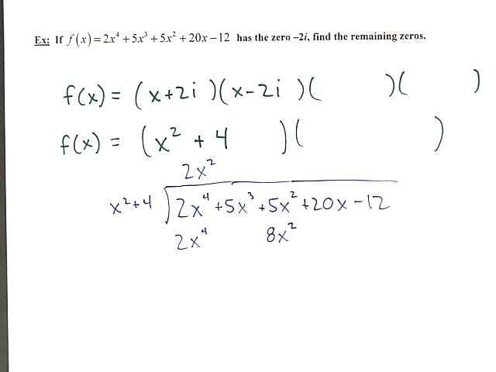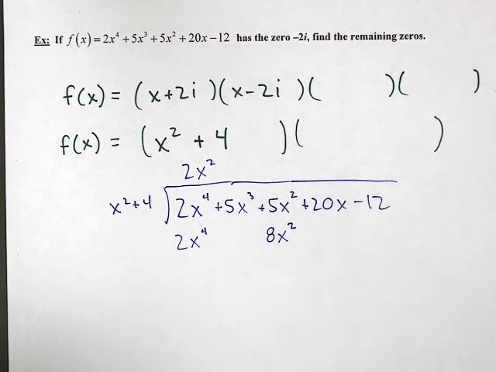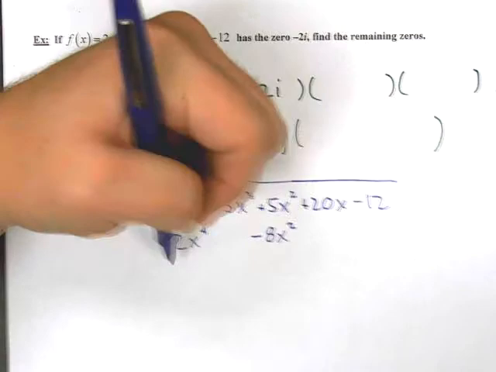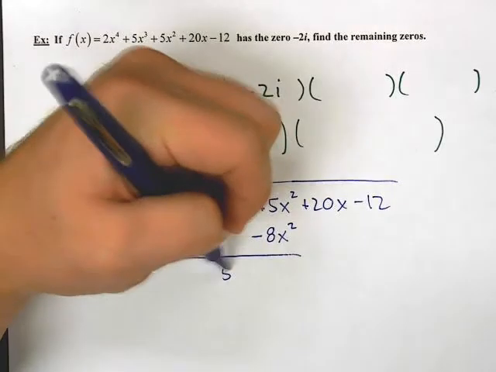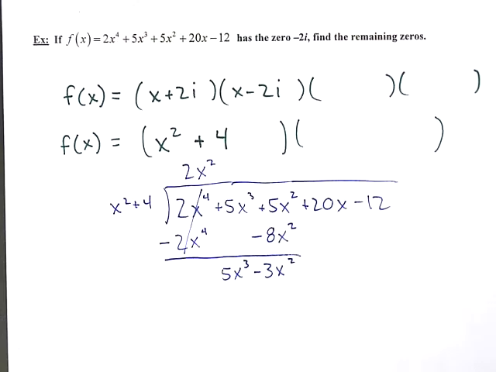All right? Now, the next thing you've got to remember: you always have to subtract what you just got from the original. I don't even like to think about it as subtraction. I just want you to remember you've got to flip the signs. Because when I do that, 2x to the 4th cancels, and then this becomes negative 3x squared.